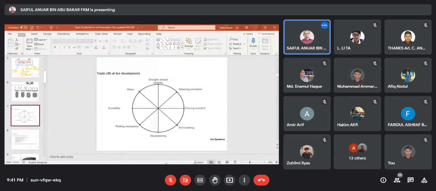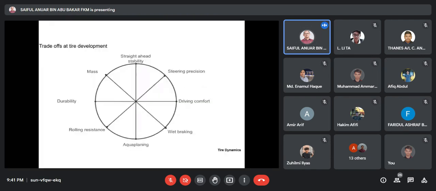Okay, this one we go back to the trade-off in tire development. So usually in designing cars, ideally we try to achieve every requirement shown in this slide. So we're going to have straight ahead stability.